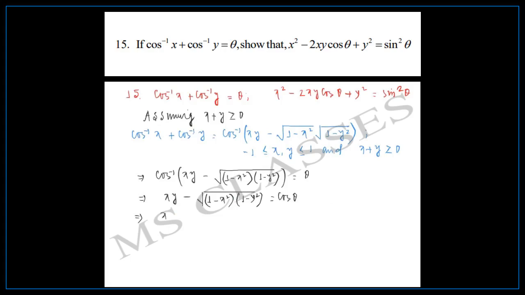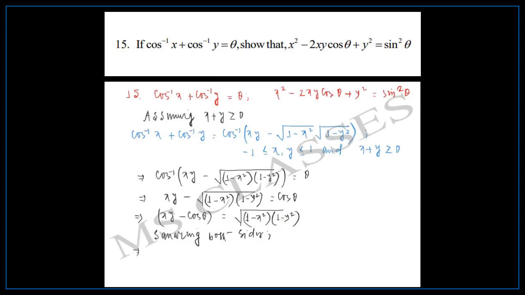So we can write xy minus cos theta equal to under root of 1 minus x square into 1 minus y square. Now squaring both sides. As you can see in the proof, we have x square plus y square, so we definitely need to square it.